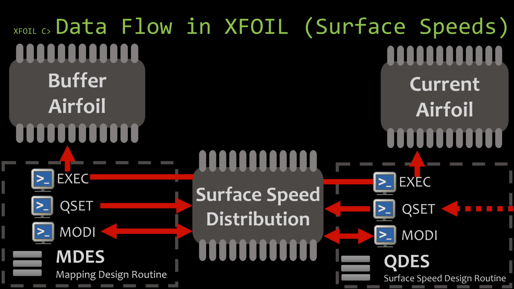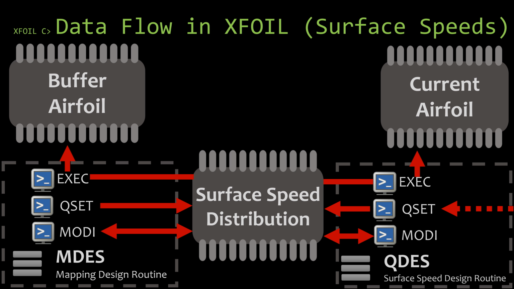So these are the menus and commands used to go between, for instance, the surface speed data from the previous slide, bringing it in here with QSET into this surface speed distribution memory location that you can modify and tweak, and then use that to try and determine the airfoil shape.